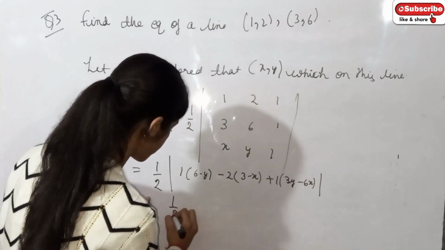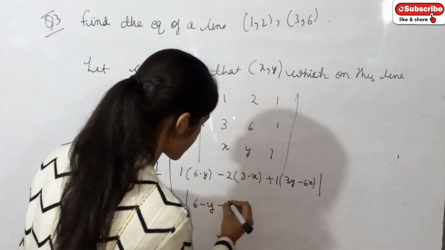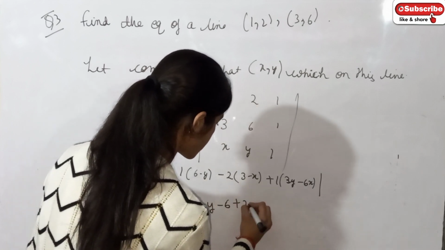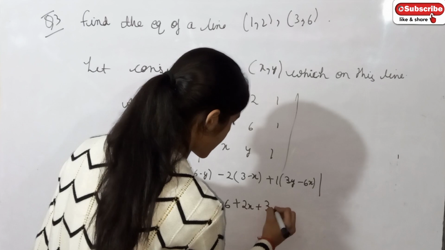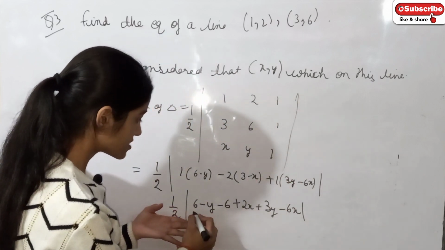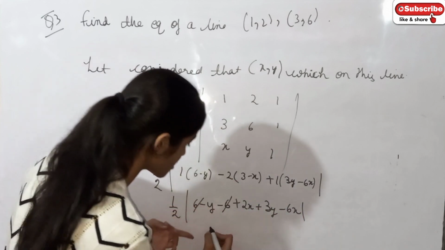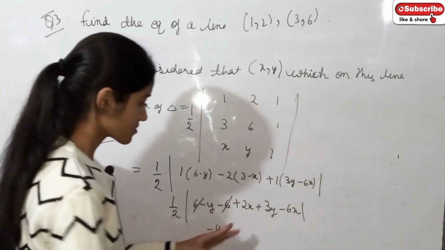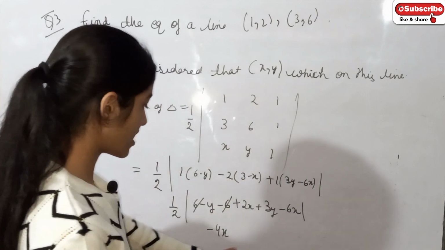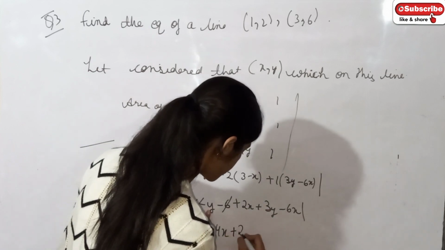So we get half of 6 minus y minus 2 3s are 6 plus 2x plus 3y minus 6x. What we get? 6 cancels with 6. 2x minus 6x we get minus 4x, and 3y minus y we get 2y.